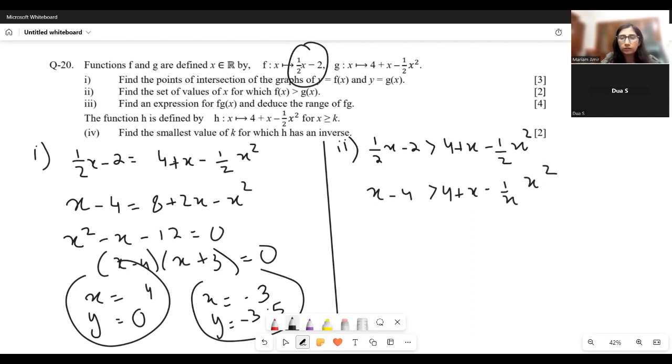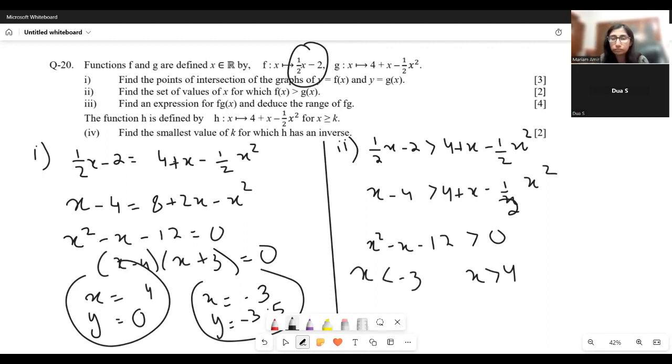So we get the same equation, x square minus x minus 12 greater than 0. So one of the answers would be x is greater than 4 and the other one would be x is less than minus 3.